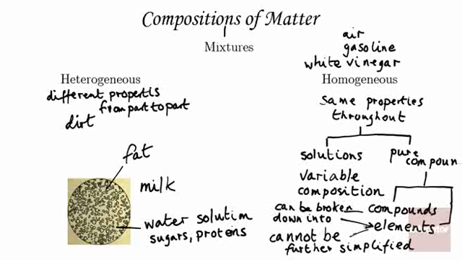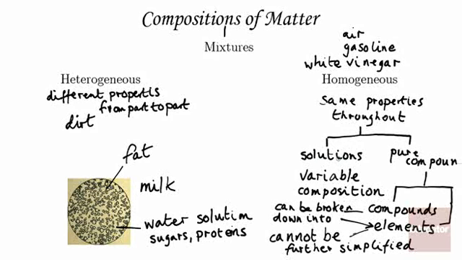So there we have the taxonomy, if you like, of materials. Let's summarize. Materials can be heterogeneous, having different properties from part to part, or homogeneous. Heterogeneous materials can be divided into their homogeneous constituents. Homogeneous materials, which have the same properties throughout, can be subdivided into solutions or into pure compounds.